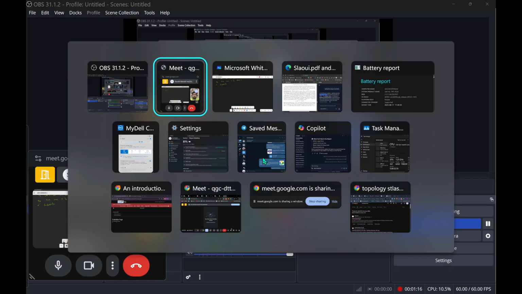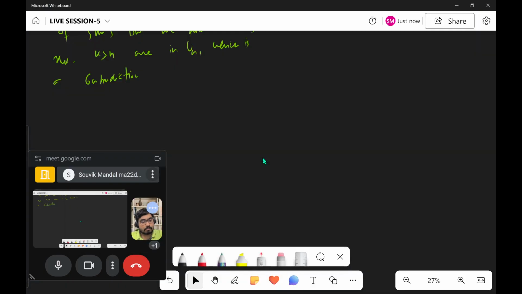So I think this argument is clear to everybody. Now let's move to the next question. The question is: let f from X to R be a continuous real valued function where X is countably compact.